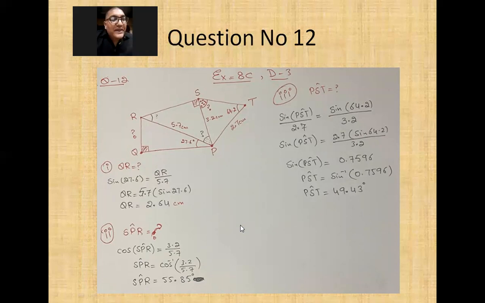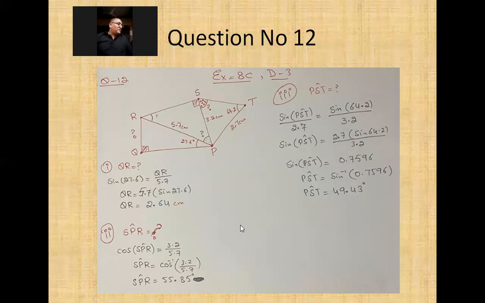Angle QPR is 27.6 degrees. Angle PTS is 64.2 degrees. The side PR is 5.7 centimeters, the side PS is 3.2 centimeters and the side PT is 2.7 centimeters. The first part of this question is, find the length QR.